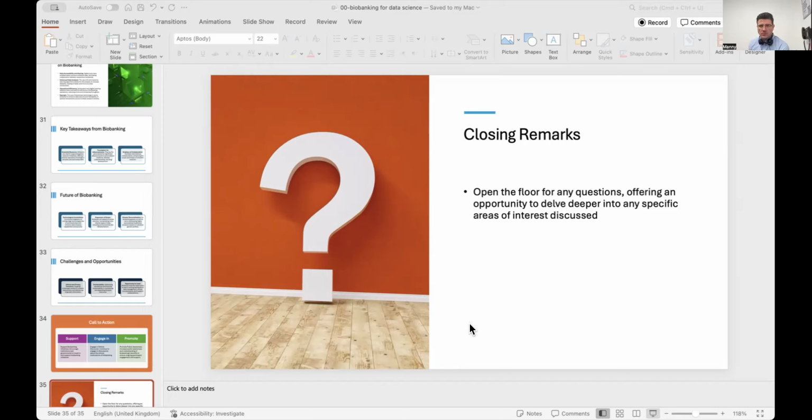Now, let's go back to basics. Biobanks were initially designed as static repositories storing biological samples for research to further understand health and disease.